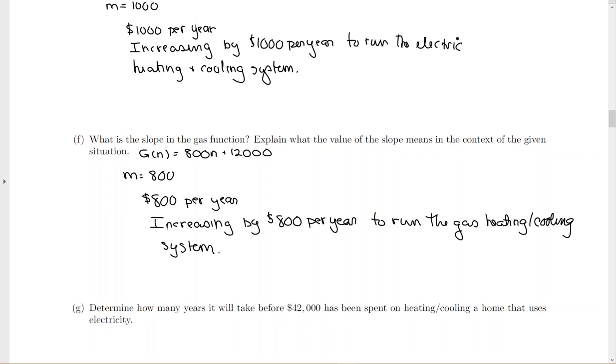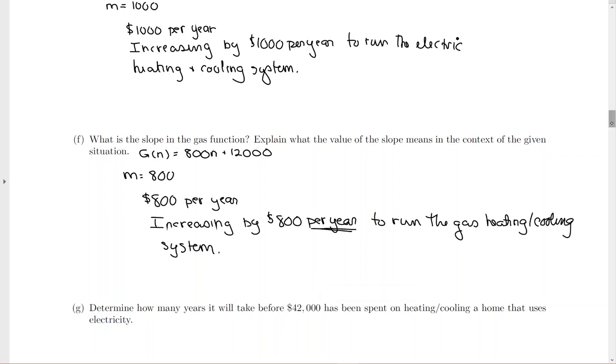Okay. So again, when you're asked to find slope, don't forget it's not just dollars or a single amount. It's amount per, and then some time unit label. And then you have to read back through the problem and see what that time unit is.